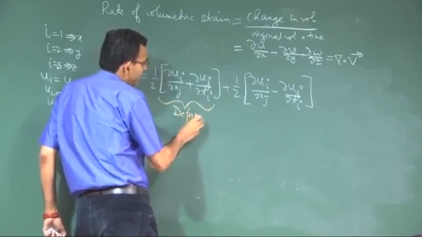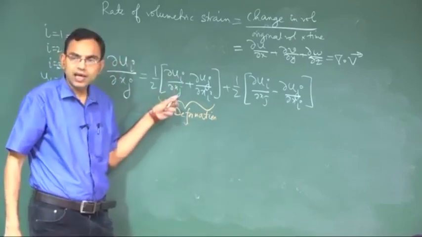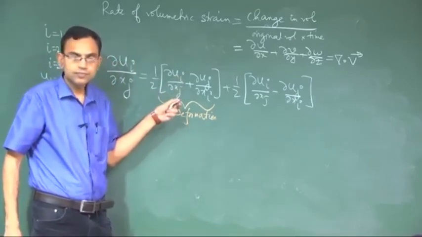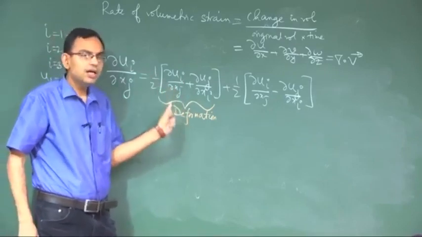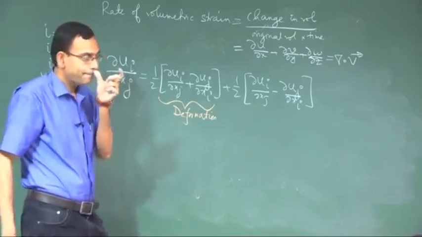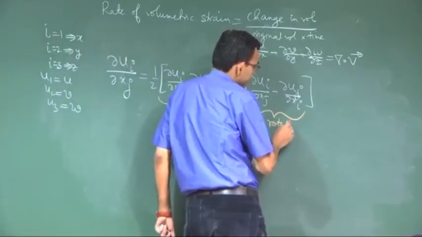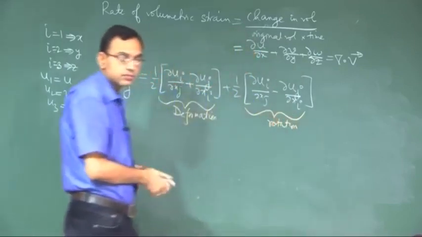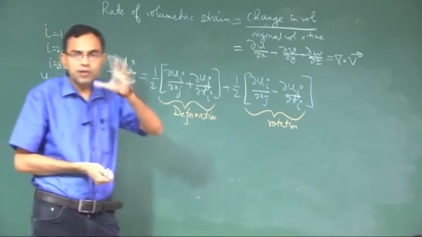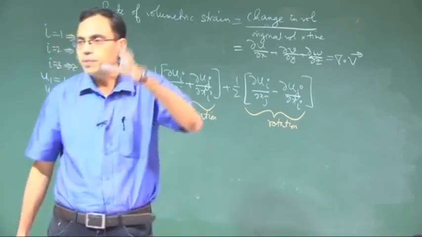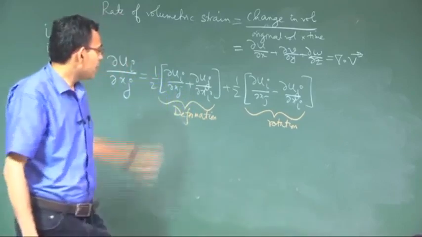Why simply deformation? Because it could be linear or angular depending on whether i is equal to j or i not equal to j. So that is why I am just writing deformation, not specifying whether linear or shear, and this represents rotation. Okay. So the generalized deformation tensor can be decomposed into two parts. What is the first part?